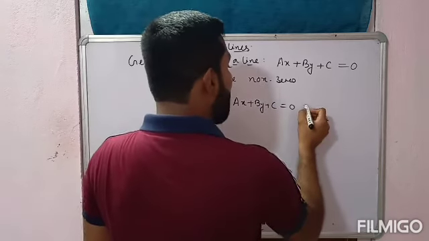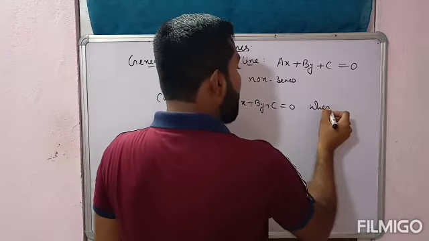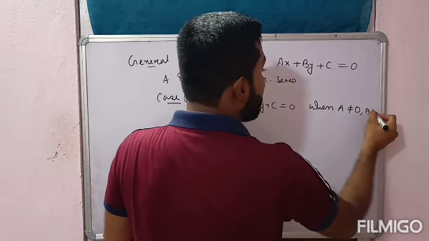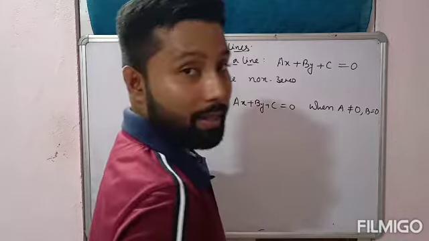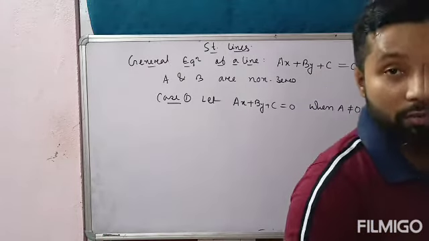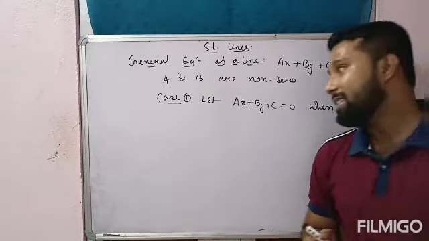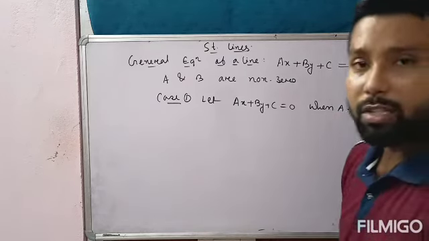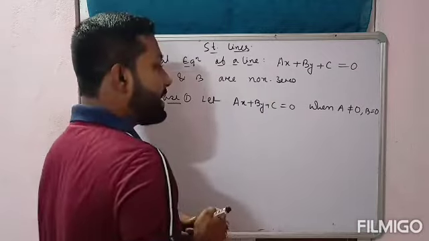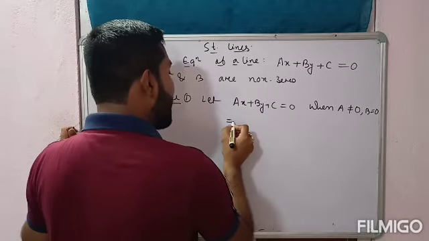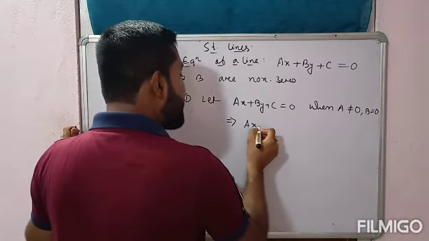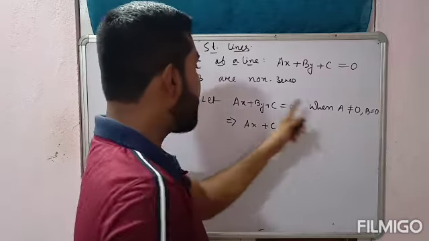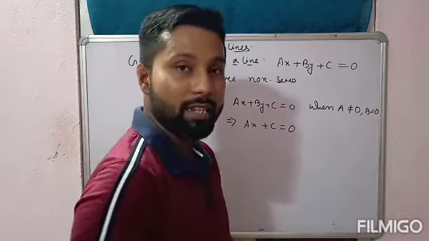So when a is not equal to 0 and b is equal to 0, then see what will happen, because a and b should not be 0 simultaneously. So if I consider a not equal to 0 but b equal to 0, then this equation can be written as ax plus c equal to 0. Yes or not? If b equal to 0, this middle term will be 0 only.